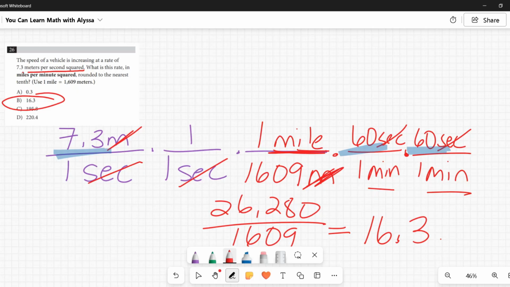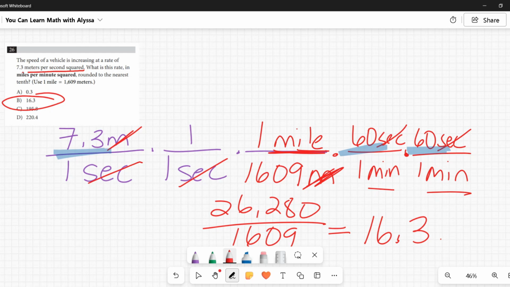Again, I think the biggest part of this is that second squared. I think a lot of students are going to multiply either not enough or too many times and get the wrong answer, but that is the proportion I think is the easiest to understand.